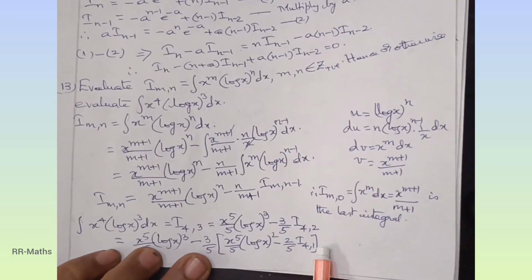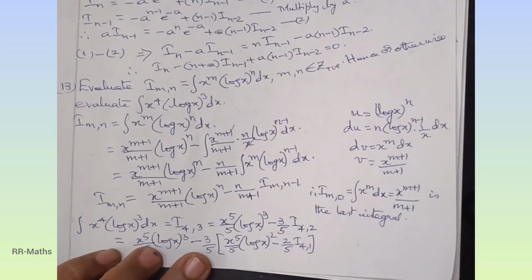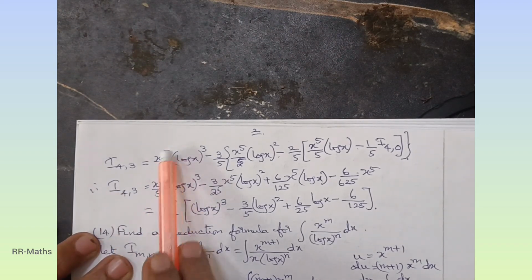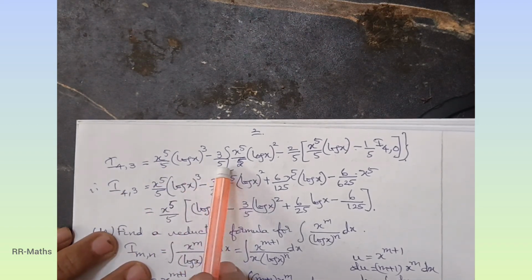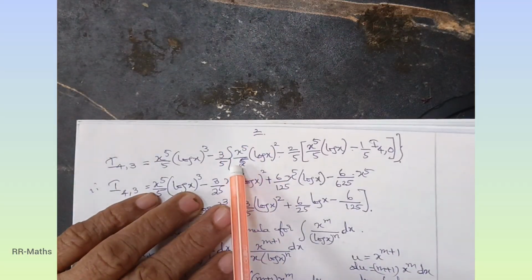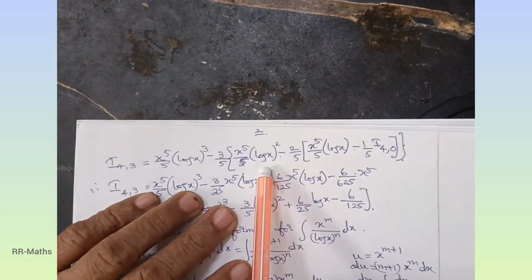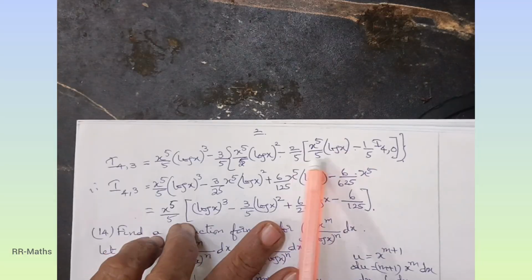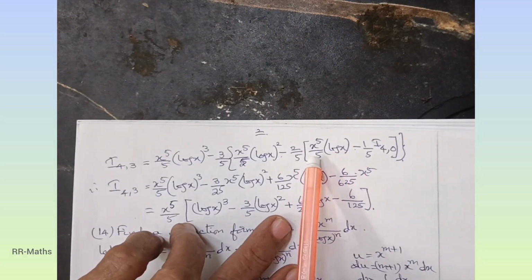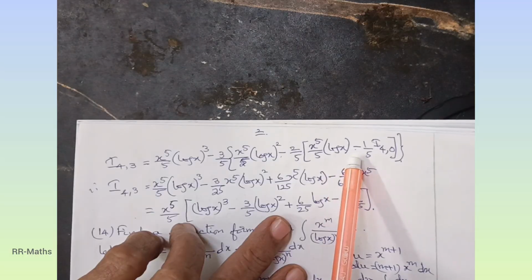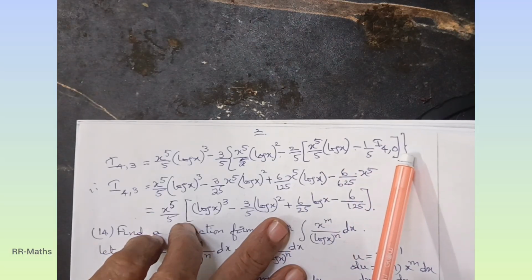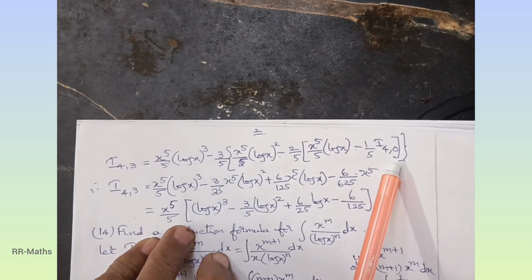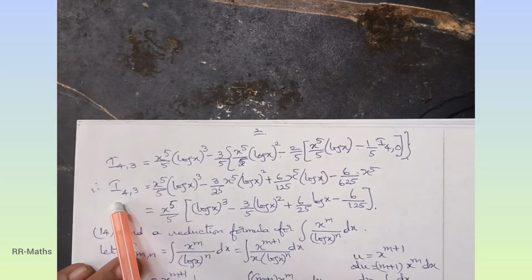So now I(4,3) becomes x to the power of 5 by 5 (log x) whole cube minus 3 by 5 into, using a curly bracket here, x power 5 by 5 (log x) whole square minus 2 by 5, substituting for I(4,1), which is x power 5 by 5 log x minus 1 by 5 I(4,0). I(4,0) is just x power m plus 1 by m plus 1, which is x power 5 by 5. So you substitute that also and you get your I(4,3).